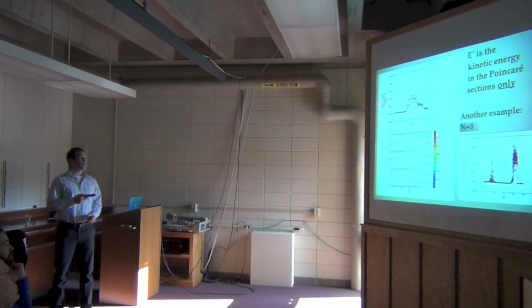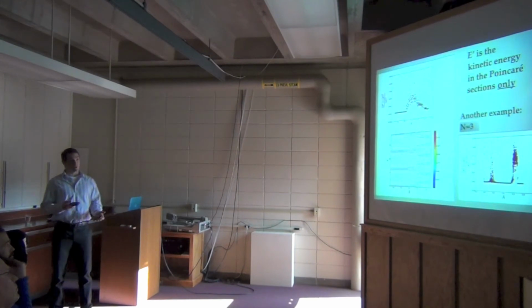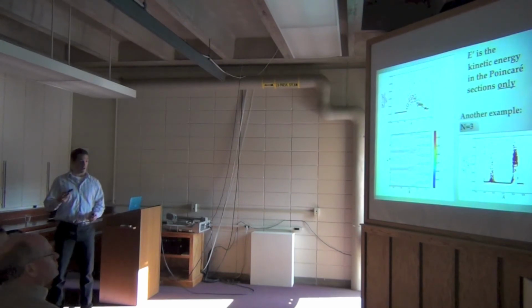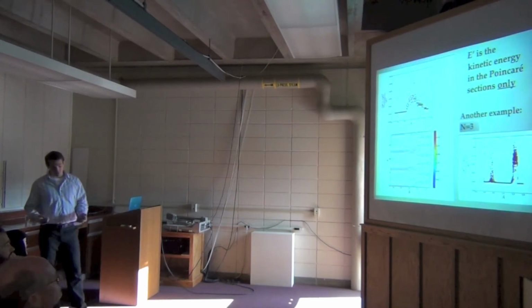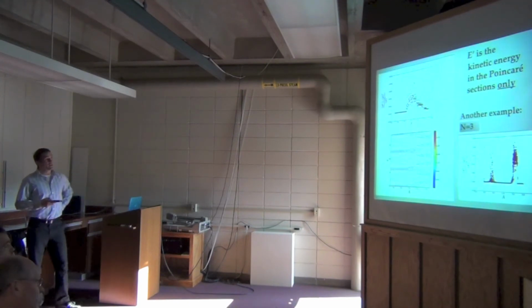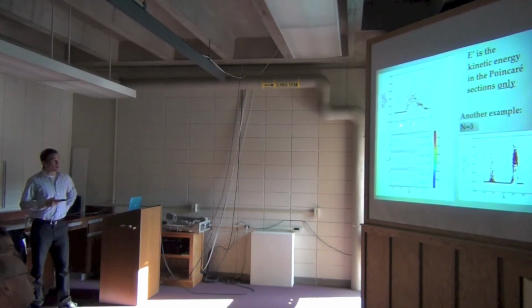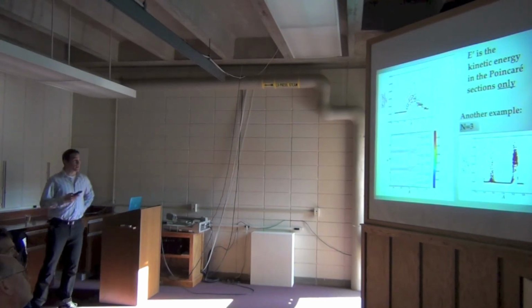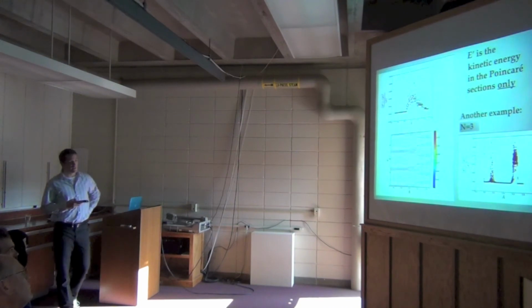So we've called it E prime because we choose the Poincaré section where the value of time for which the field potential is 0. And it turns out that as you change A, this value, there's a clear increase and then a decrease as you further increase A. So an increase in the effective numbers of degrees of freedom and a decrease.